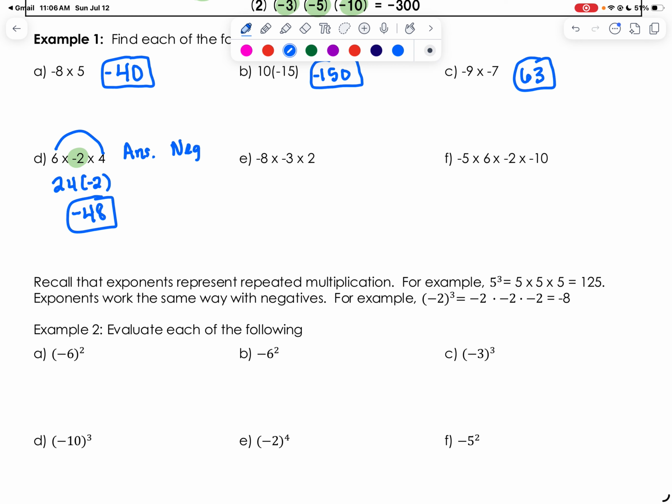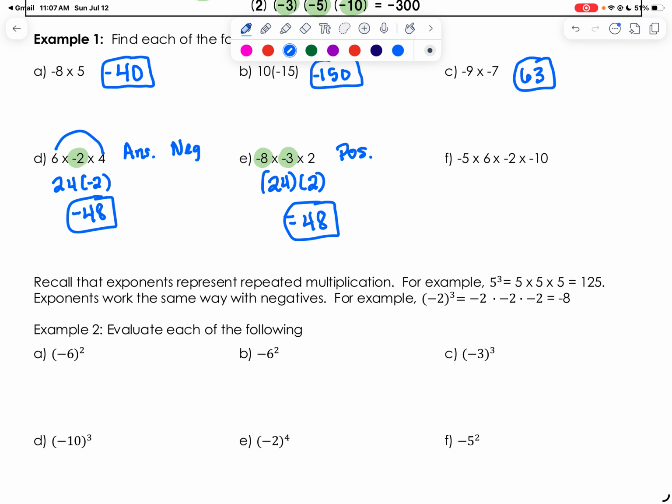In problem E, I have 2 negatives. And 2 is an even number, so I know this answer is going to be a positive number. So I'm going to multiply these. Again, you can multiply them in any order. So I'll do 8 times 3 is 24, and then times 2, and that would be positive 48.